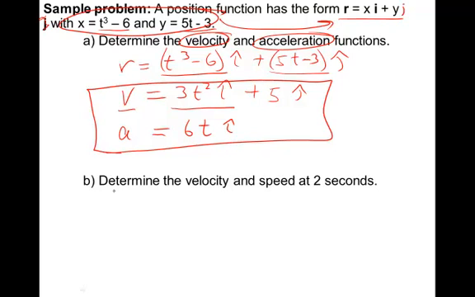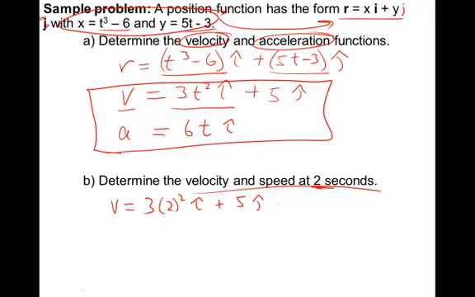Now, in this last problem, B says determine the velocity and speed at 2 seconds. So what I would do is take the velocity and put 2 seconds into it. So 3, I'm going to substitute the 2 into t squared. So 3 times 2 squared i hat plus 5j hat.